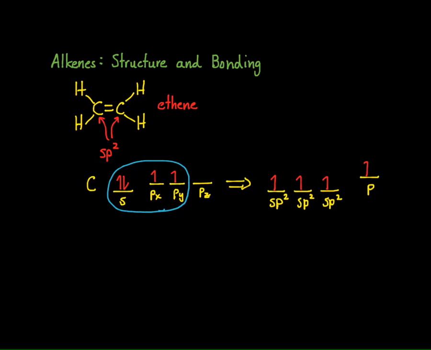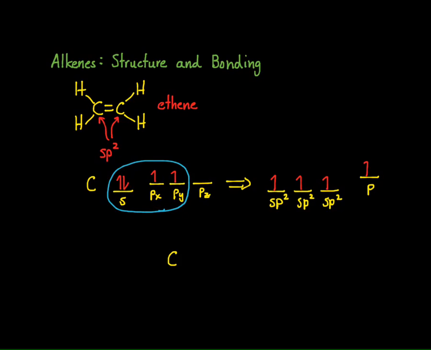What does the atomic orbital picture look like in its entirety of that carbon atom? So if we think about it, we have three sp2 orbitals. They are trigonal planar, right? We know that sp2 hybridization produces trigonal planarity. And so how do we represent that?